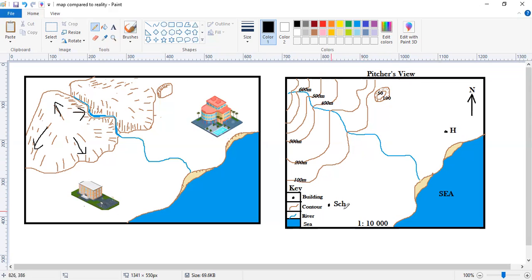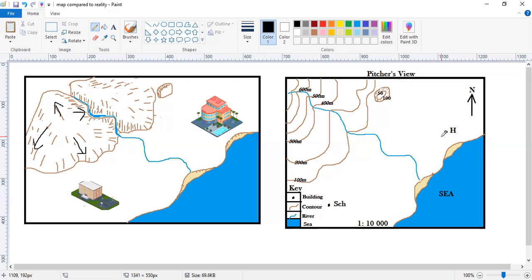So, for example, a school is depicted by an abbreviation SCH and sometimes a square, sometimes a little dot. So when we see the SCH beside the little dot, we know there's a school at this location. Over here, we know that there is a hotel at this location.